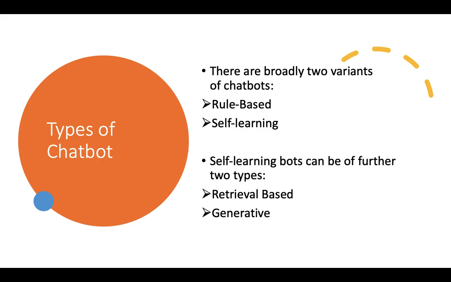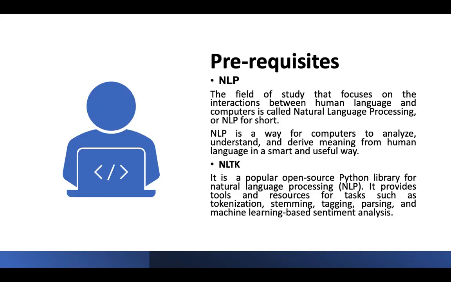Whereas the generative bots can generate the answers, and this makes them more intelligent as they take word by word from the query and generate the answer. Basically, what we are going to implement is a self-learning retrieval based chatbot.